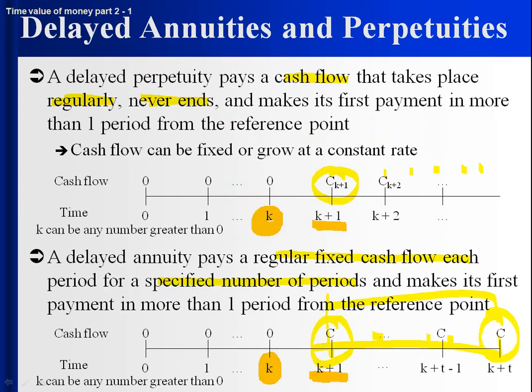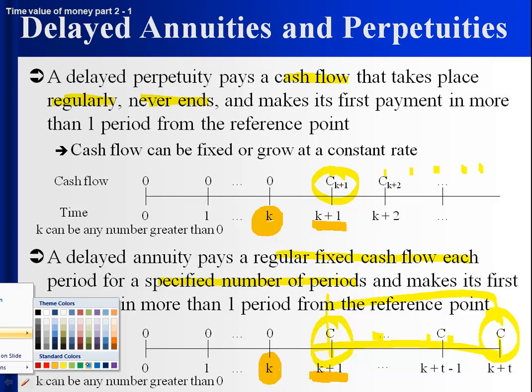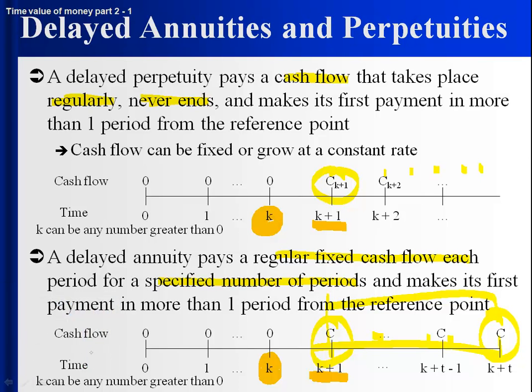What we mean there is, suppose this is a fixed perpetuity. If we get C_{K+1} over R, we would get the value as of this point in time. So if we took a time machine and said, hey look, in one period is a cash flow and then they go forever and they're fixed, what's the value of this cash flow?